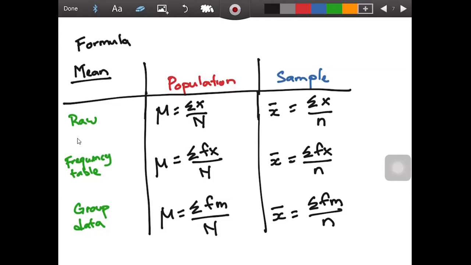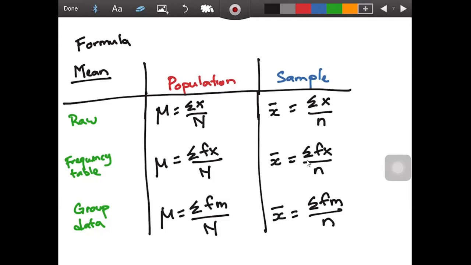For a frequency table, mu equals the sum of frequency times all the values. We need to multiply all the values, because this is not raw data anymore. This is in table form, divided by population size. After this, there will be an example to use all these formulas. Ada latihan untuk kita akan buat untuk menggunakan semua formula ni.